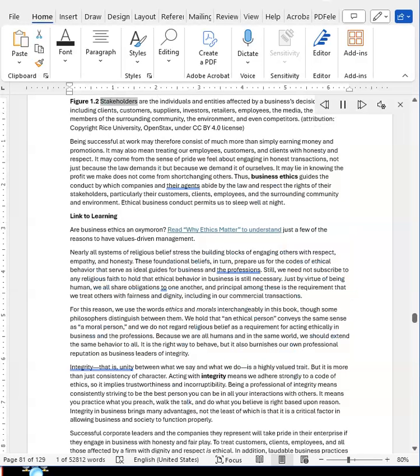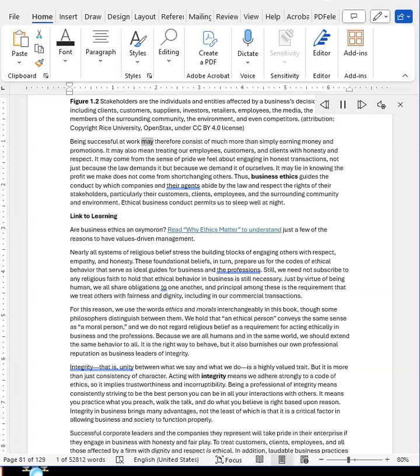Figure 1.2: stakeholders are the individuals and entities affected by a business's decisions, including clients, customers, suppliers, investors, retailers, employees, the media, the government, members of the surrounding community, the environment, and even competitors. Attribution: Copyright Rice University OpenStax under CC BY 4.0 license.